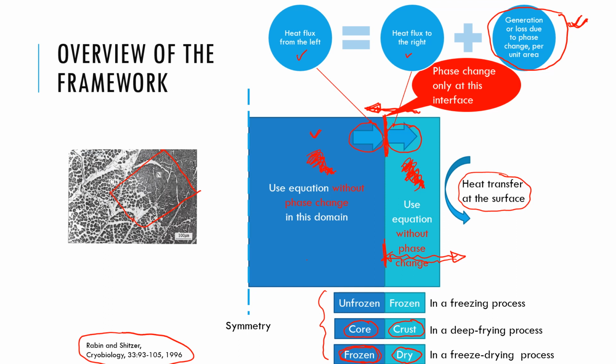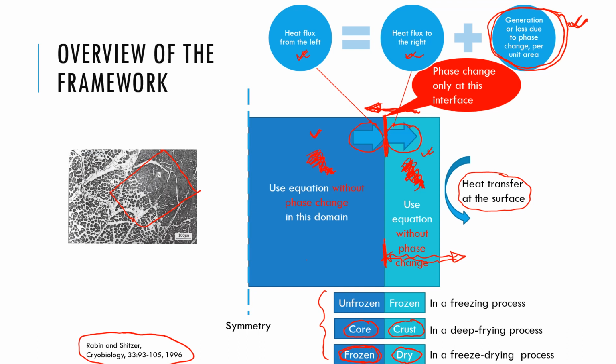That's all we need. And then on the right is just heat conduction in the frozen media. So these two can be found separately, and then they can be related by this equation to the rate at which the interface moves.